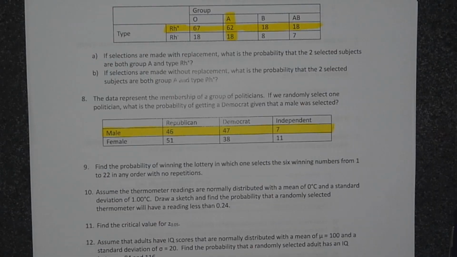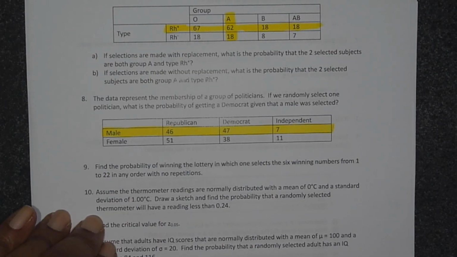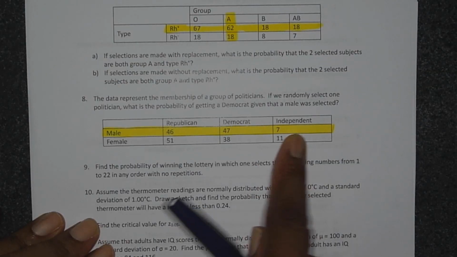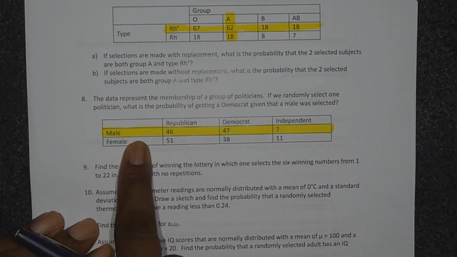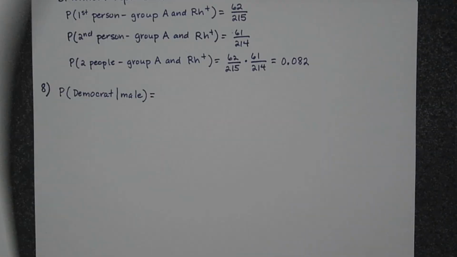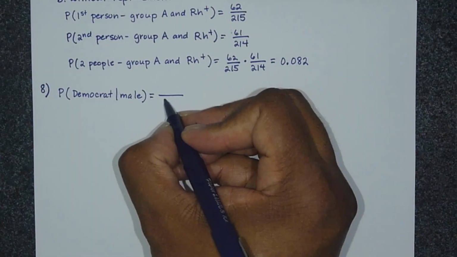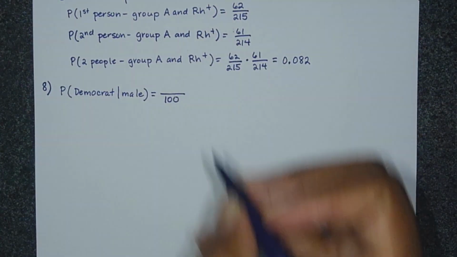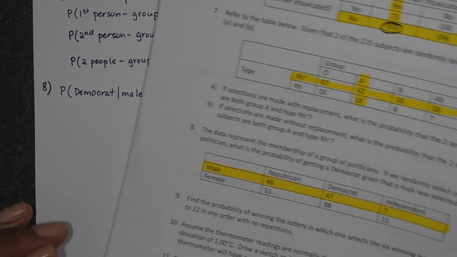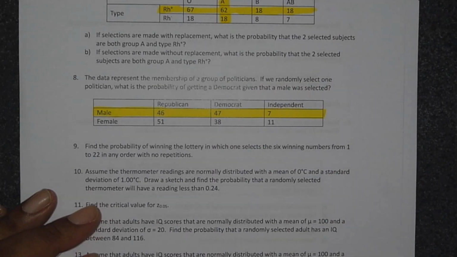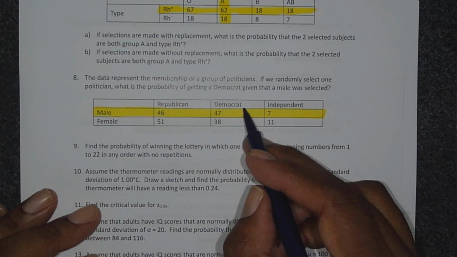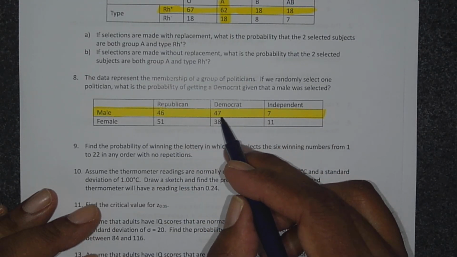How many males are there? 47, or all of them? Sorry. All of them total, 100. So that would be your denominator, because what conditional probability does is reduce the sample size. And the probability of selecting a Democrat given a male: of all the males, how many are Democrats? 47.